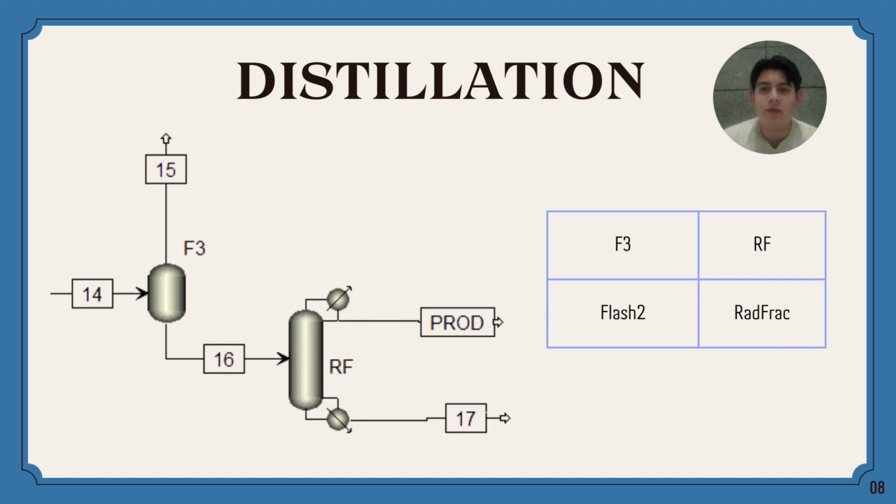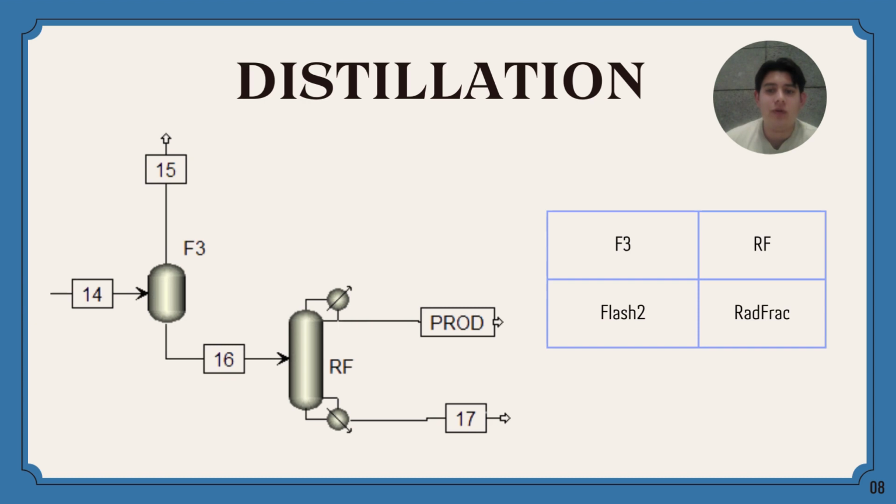In the outlet stream from the REQUIL reactor, stream number 11 enters flash 2, where the goal is to separate methanol from the other compounds. Additionally, the temperature is lowered to 30 degrees and the pressure is increased to 83.4 bar. The upper stream is sent to a splitter, which will recirculate material that has not completely reacted, and a purge where part of the unnecessary components is removed, taking some of the useful ones as well.